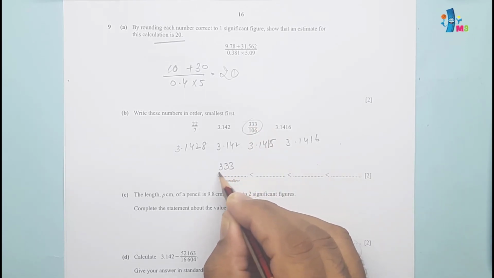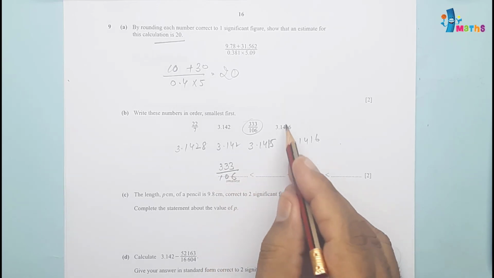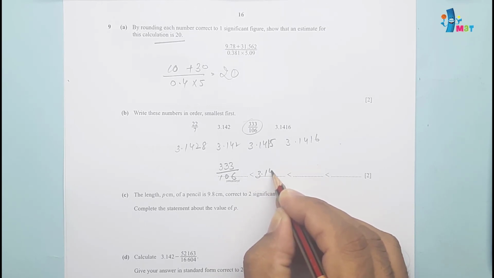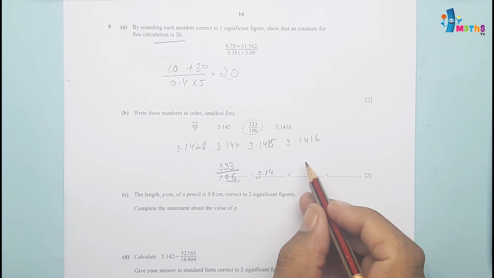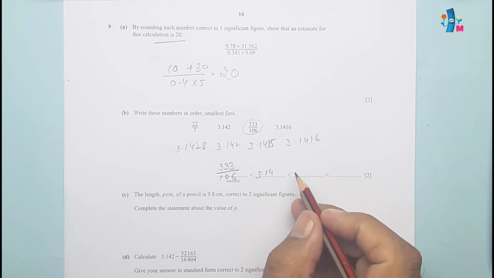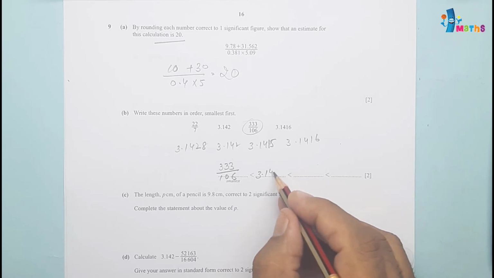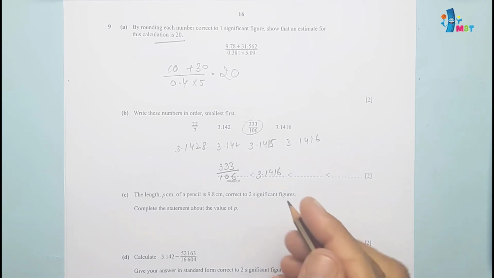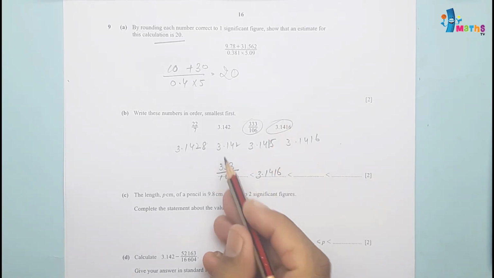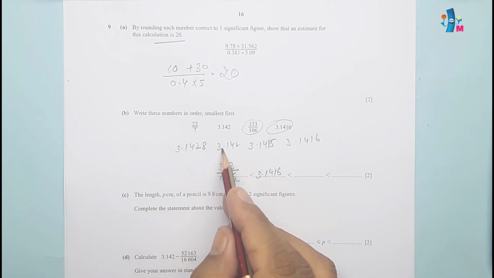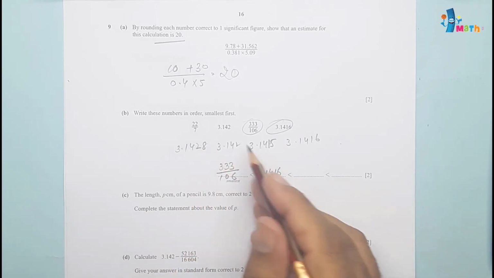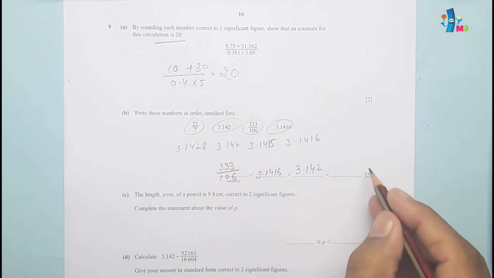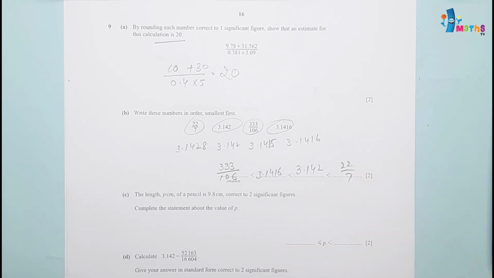So we write this first, and the second number will be this one, 3.1416. These two are done. We'll compare the other two: this is 3.142, the next in sequence, and the last will be 22/7. This will be ascending order.